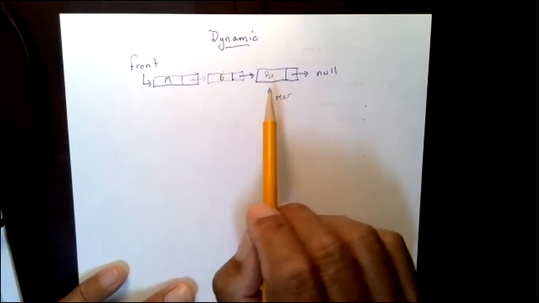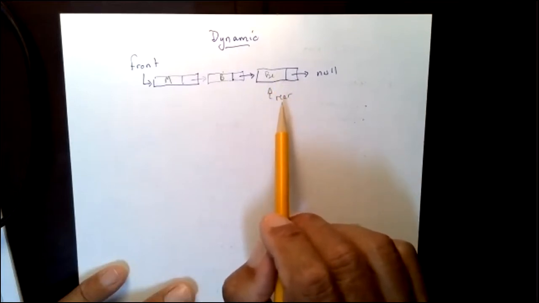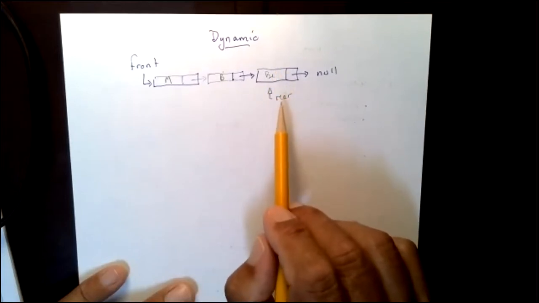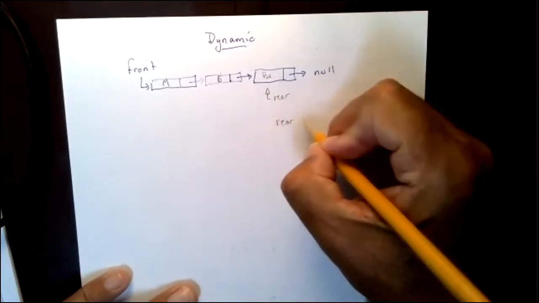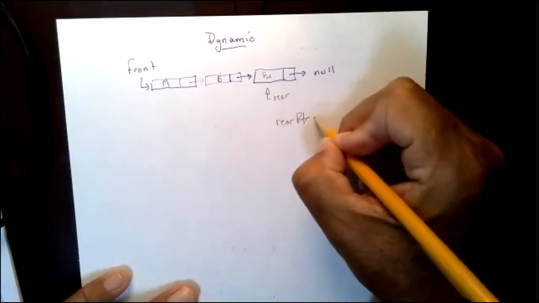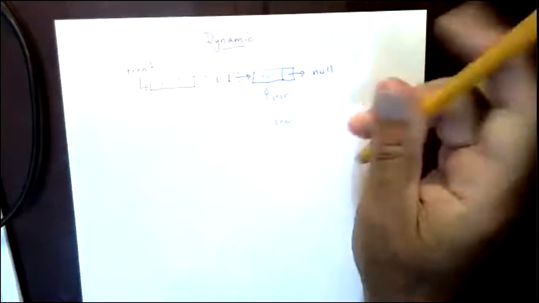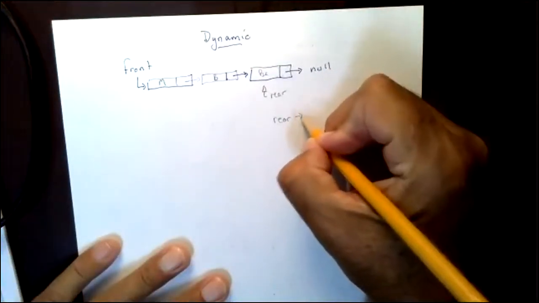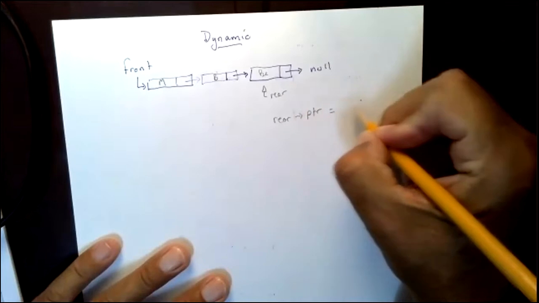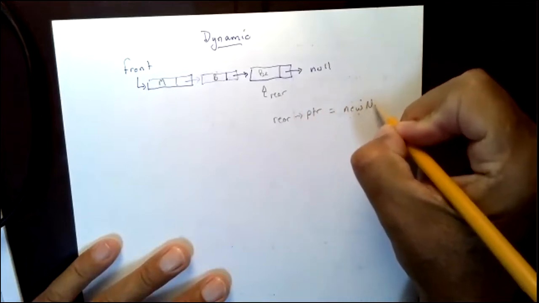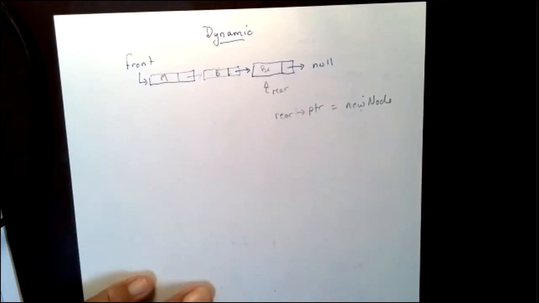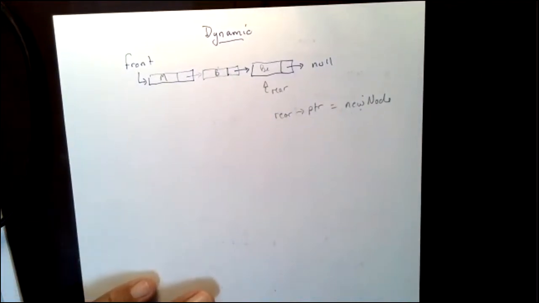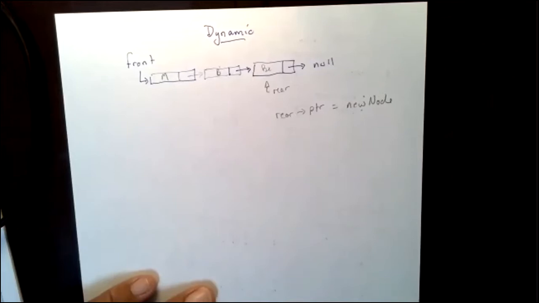But otherwise, rear is a pointer, and rear's pointer would get the value of new node. Would it be that simple? Yeah, because doing this is going to be much easier.